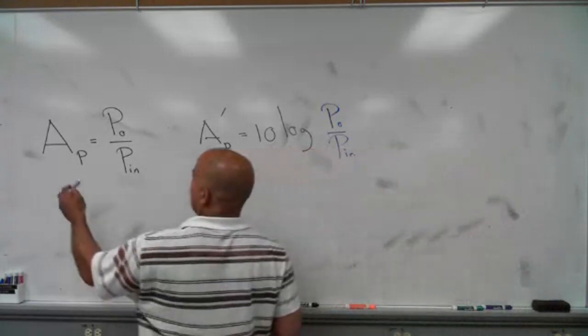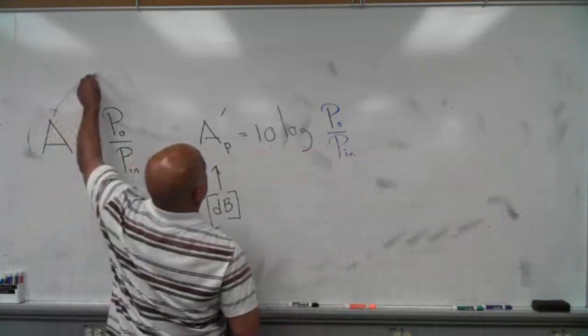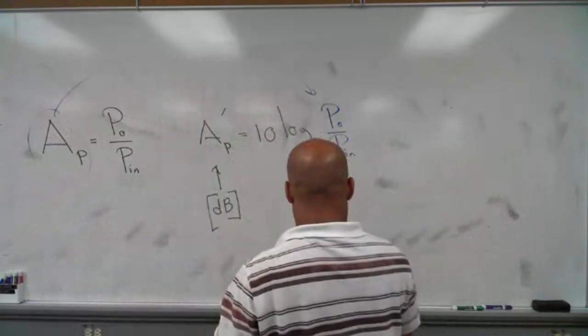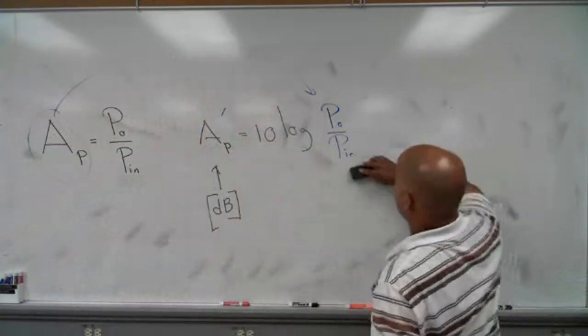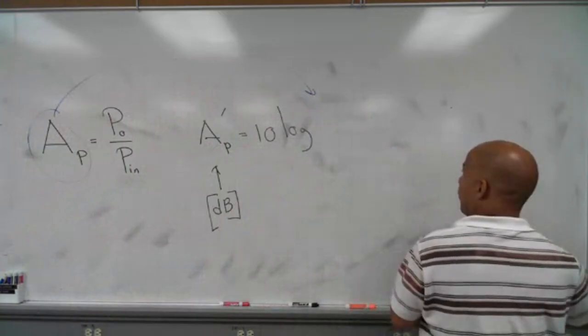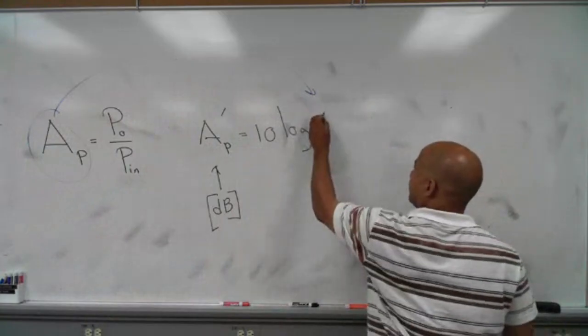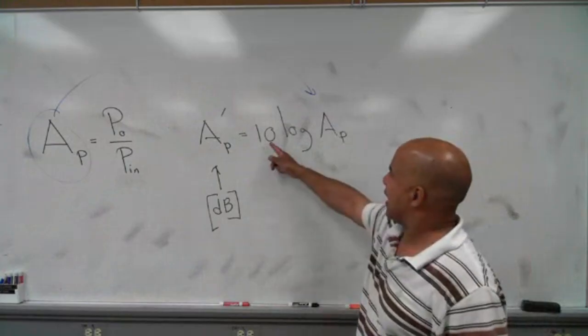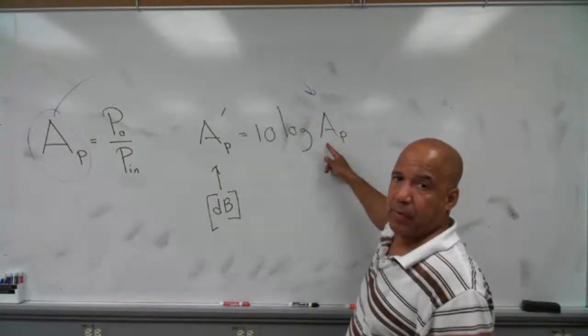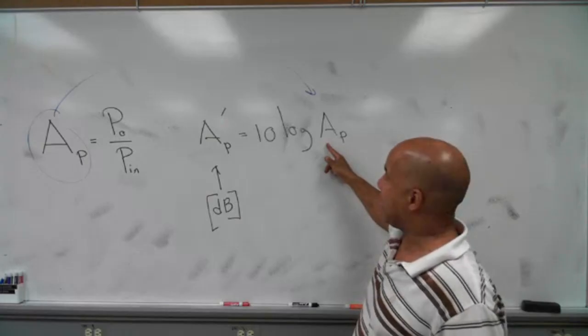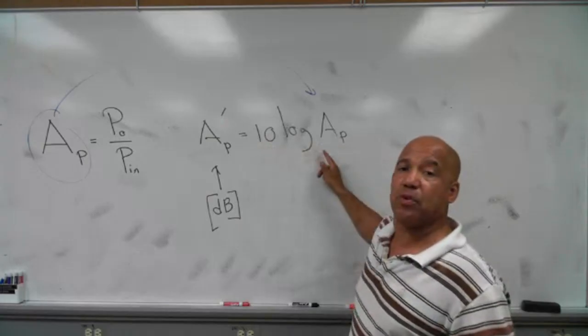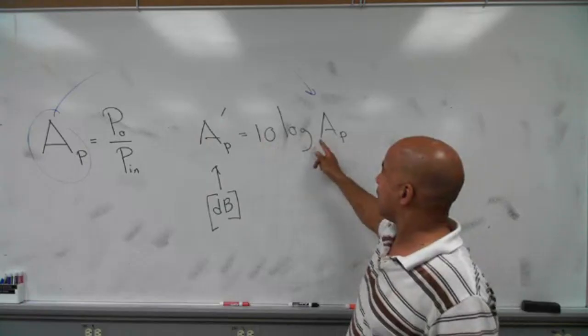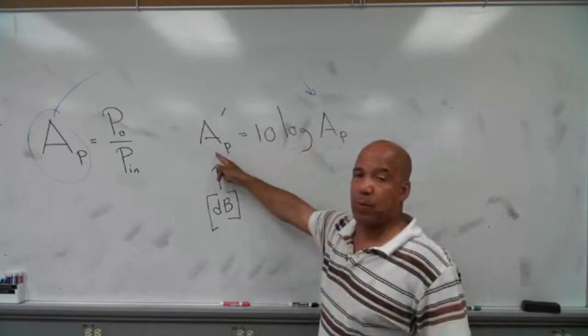I just substituted this in for that, and I wrote it like this. So 10 times the log of the power gain, it's only 10 log when I'm using power gain. 10 times the log of the power gain will give me the decibel power gain.